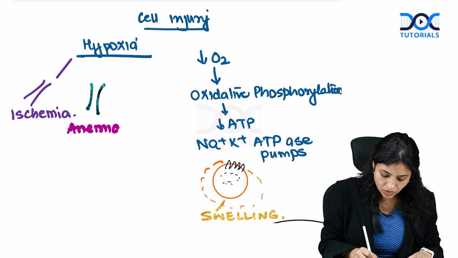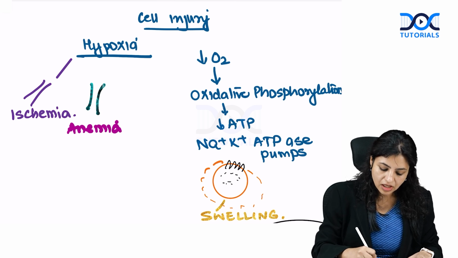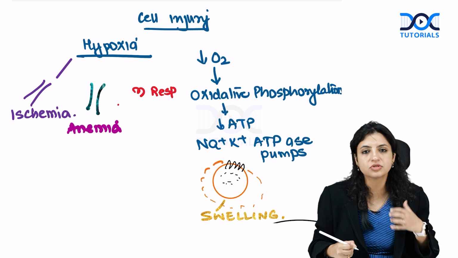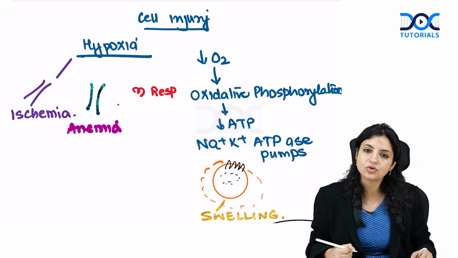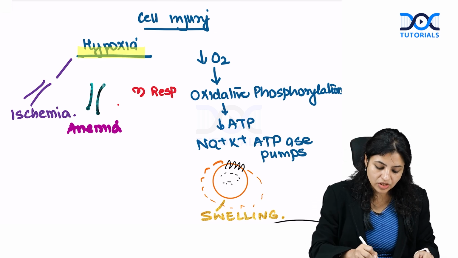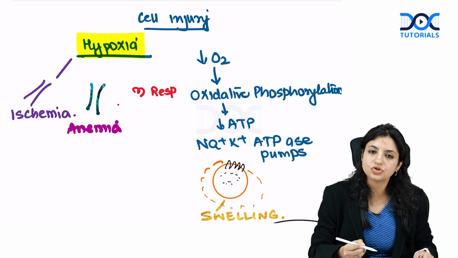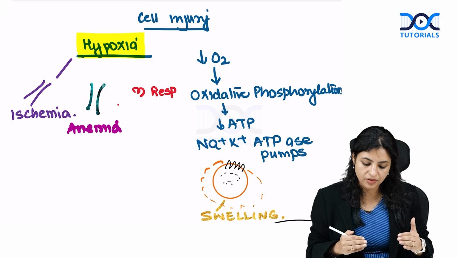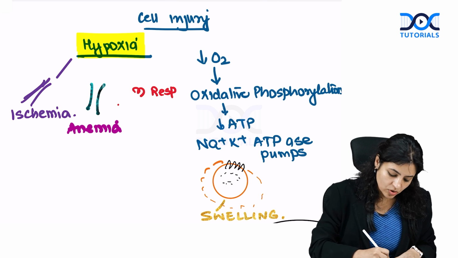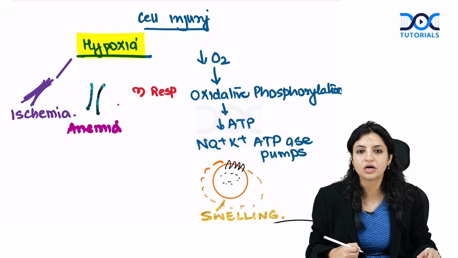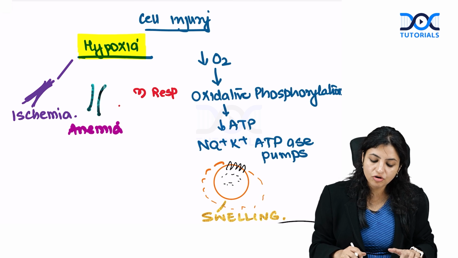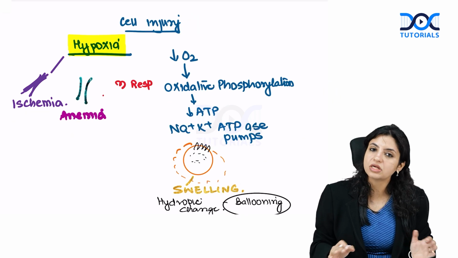The third is cardiorespiratory arrest. The heart is not pumping, the respiratory system is not oxygenating. All that is causing hypoxia. So the most common cause of hypoxia is ischemia, when the blood supply to the tissue is decreased. And of course, the first morphological change that you see under the microscope is hydropic change.